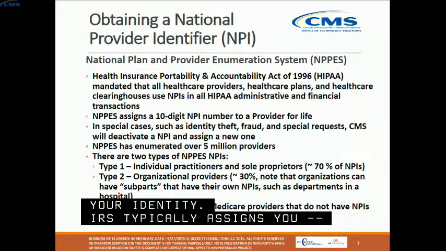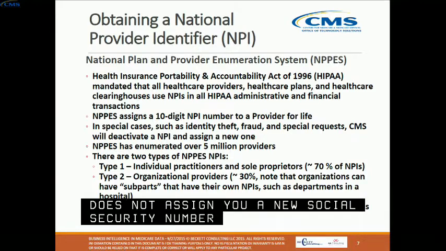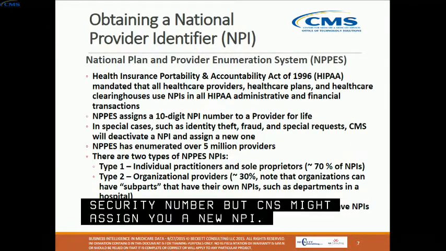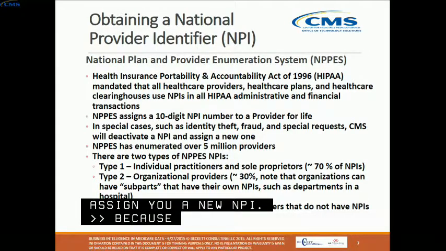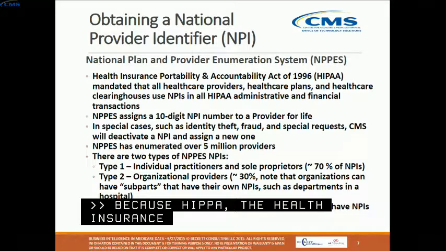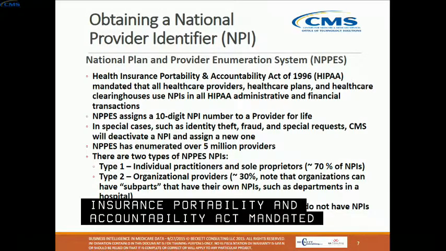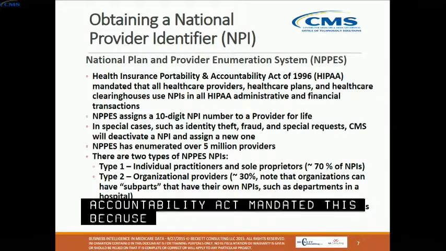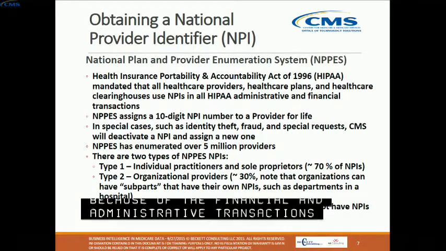Okay. Just one more question. Because HIPAA, the Health Insurance Portability and Accountability Act, pretty much mandated this because of the financial and administrative transactions, which, by the way, could go between commercial organizations as opposed to having to go with government.